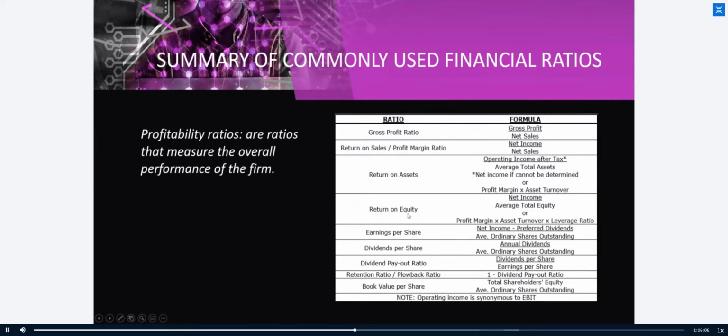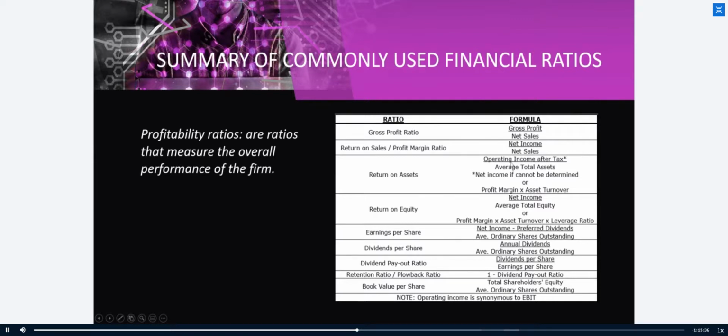Return on equity, there's the net income. But in here, return on assets, there's a note: if net income cannot be determined, then you use operating income after tax. So meaning it's still the net income. So if it's a return ratio, then net income would be your numerator.